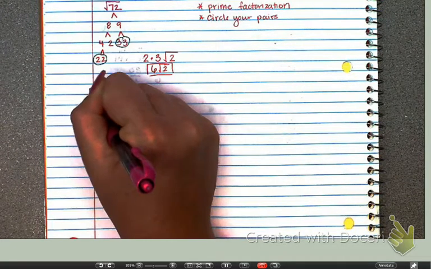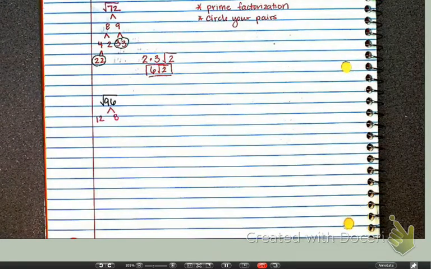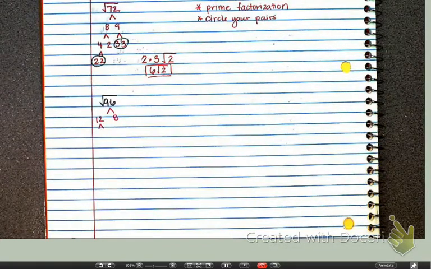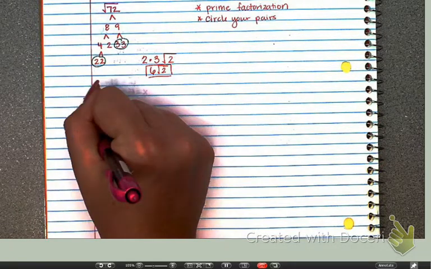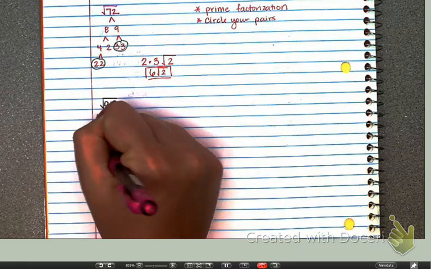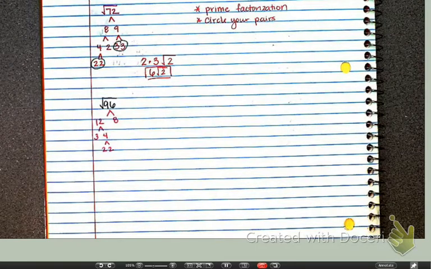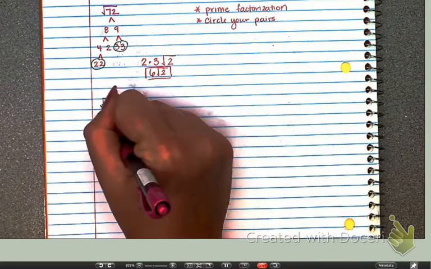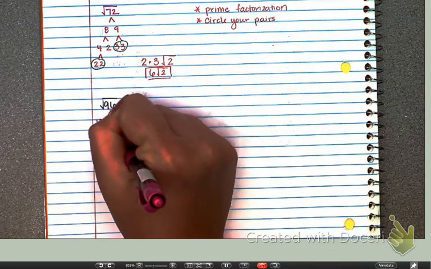Okay. And let's keep going. Now, 12 can break down two different ways. It can break down to 6 and 2 and 3 and 4. It doesn't matter which one you choose because the prime numbers that you get will be the same. So I'm going to do 3 and 4. You're going to do 3 and 4 also? Okay, good. And then 4 breaks down to 2 and 2. 8 breaks down to 4 and 2 and 2 and 2.